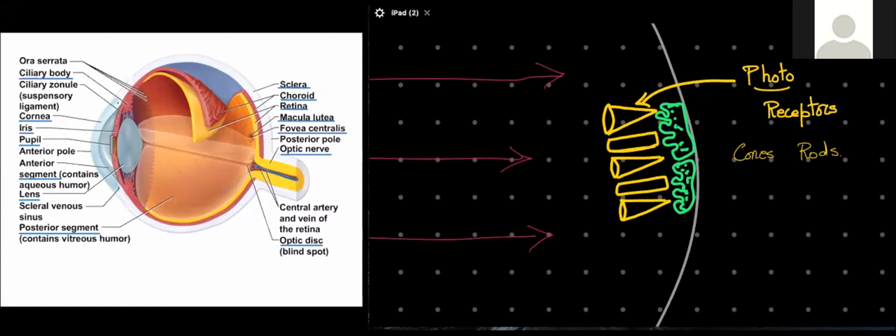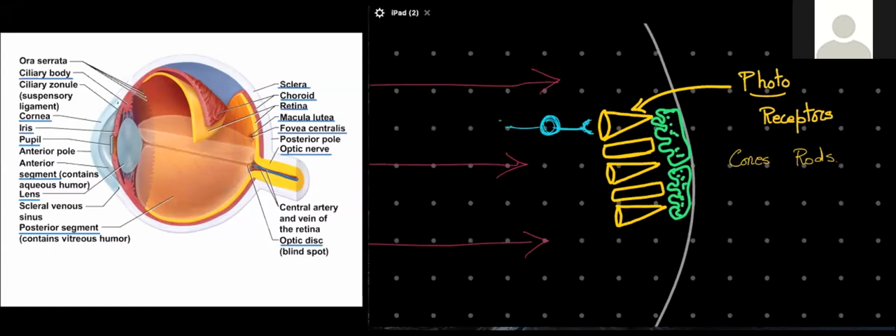This electrical impulse is going to be traveling to another layer of cells, nerve cells. Each of those nerve cells has two processes.